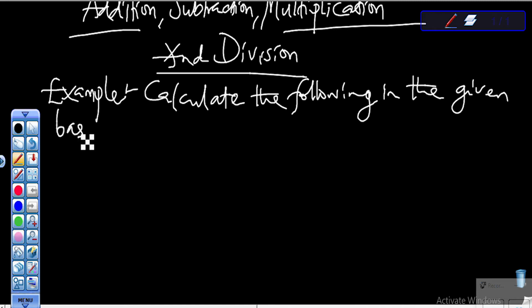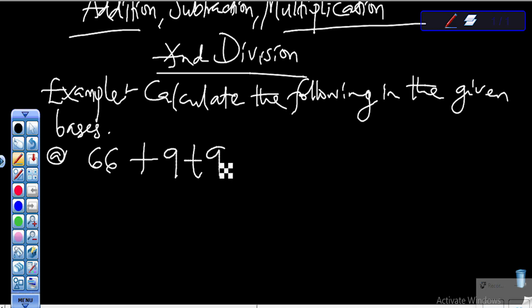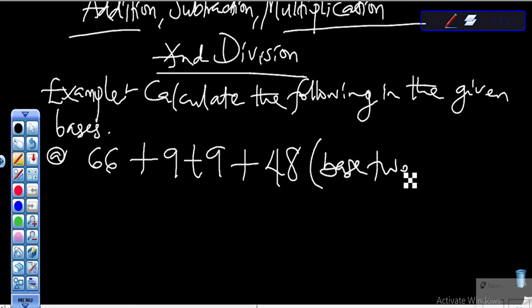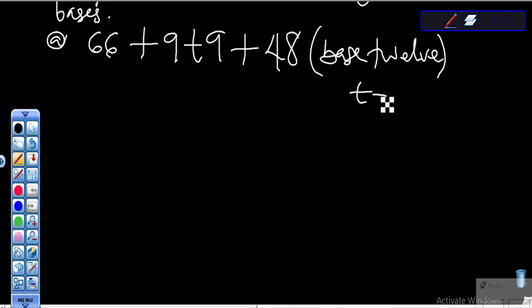The base that you're given in the question is what you should run your calculation in. 66 plus 99 plus 48. What are we operating under? We are operating under base 12. So note, in this case T is 10.